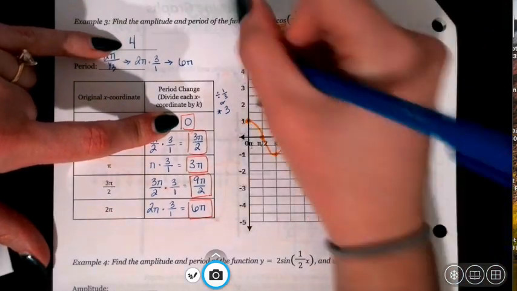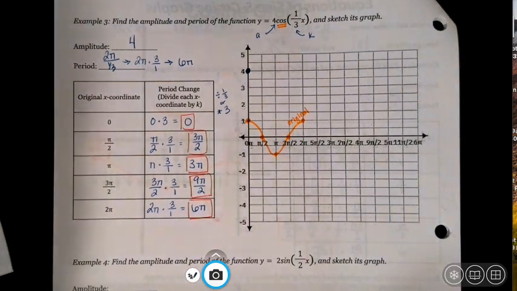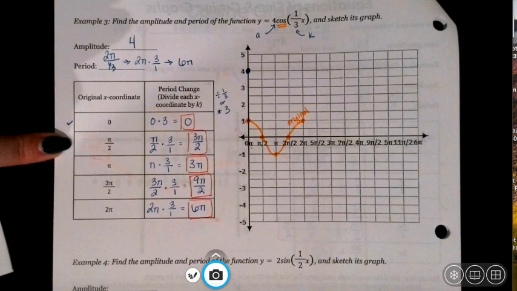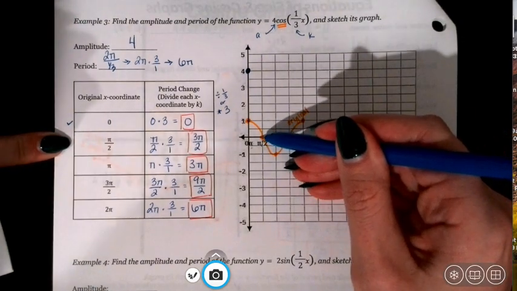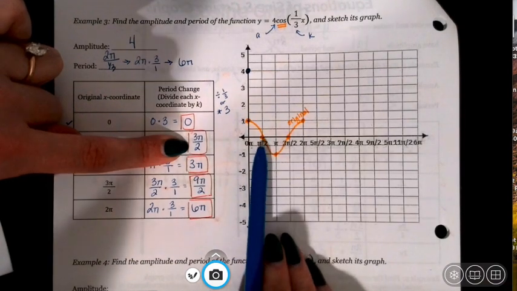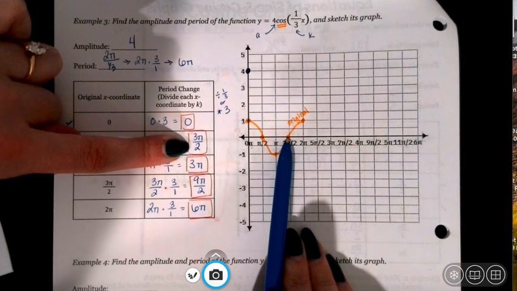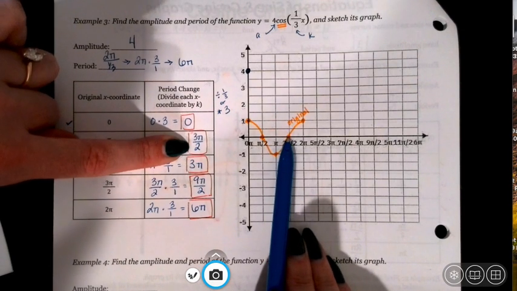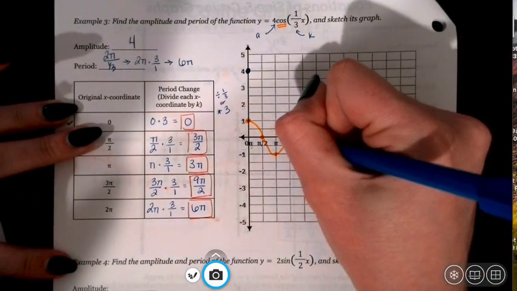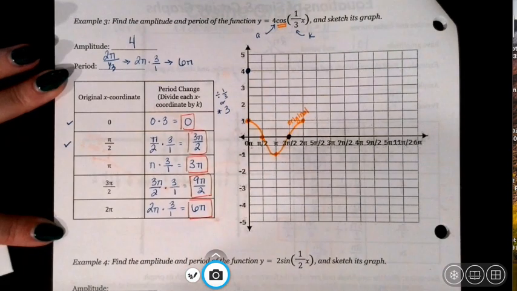So this point will actually end up here at +4. We graphed our first point. For my second point, I'm at pi/2, so this point, and it's getting shifted to 3 pi/2. So this point here is actually shifting over here. It's a little confusing because there's already a point there. And then because the y value of that point is 0, the amplitude does not affect it. So I'm there next. Check it off my list.